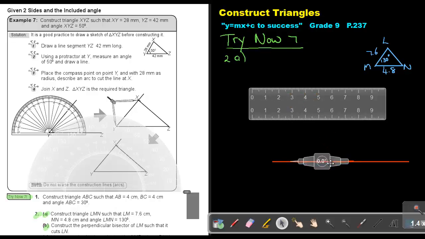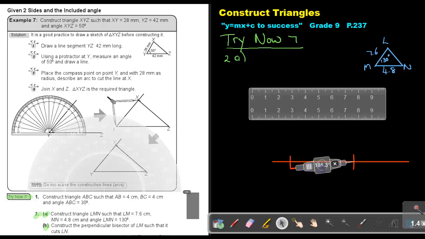Okay, now remember how we cut off a line. We first move it up, then we draw an arc, and then we go to the other side. And we're going to draw the arc there.